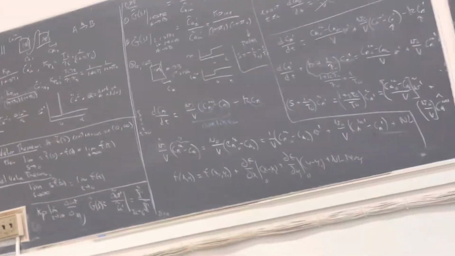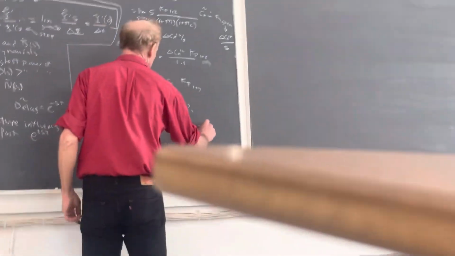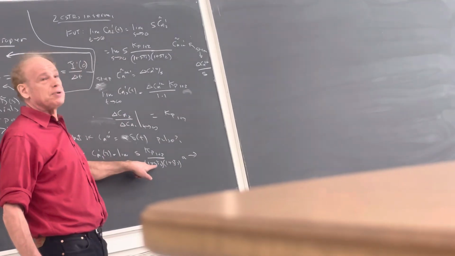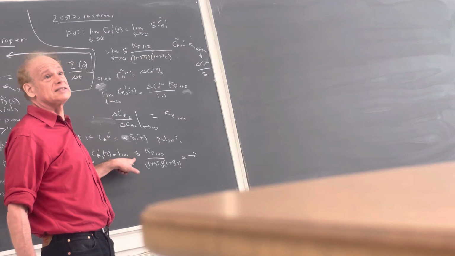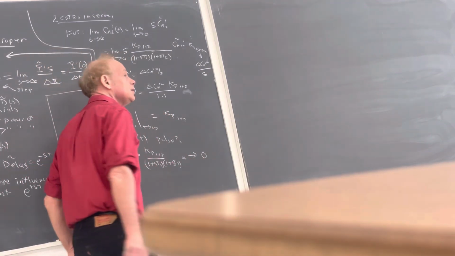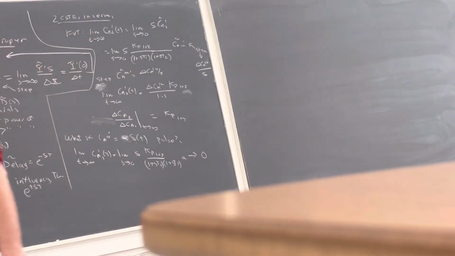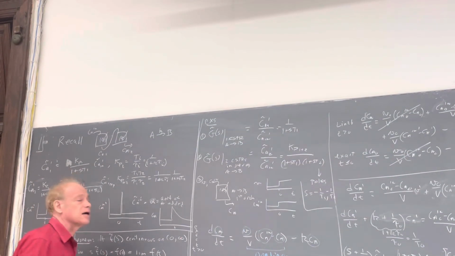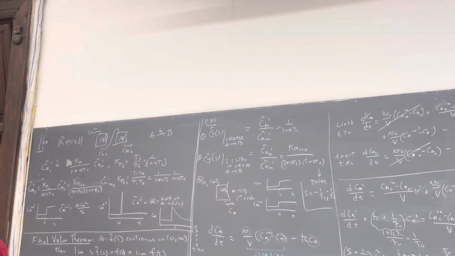So in this case, when I take the limit as S goes to 0, this still becomes a 1, this becomes a 1, but I have an S sitting here in the numerator. The limit as S goes to 0 is 0. And that's correct, because if I have a pulse in two CSTRs in series, then the output, CA, might go up, but it's eventually going to decay back to 0.